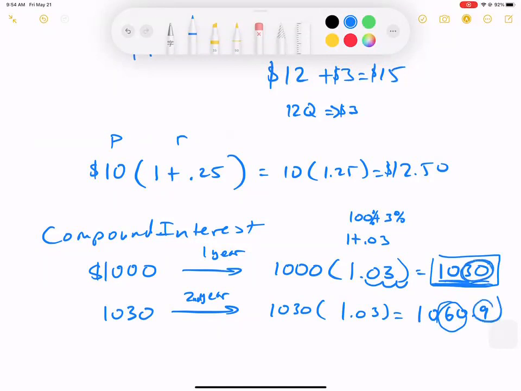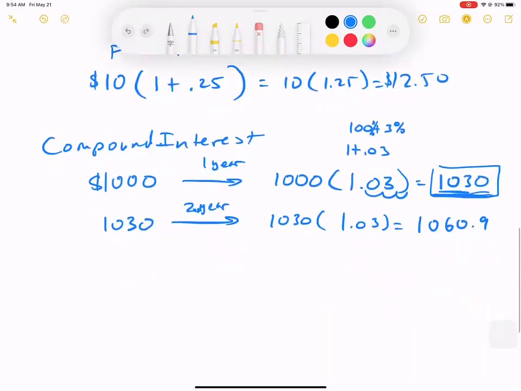You made money off your money. So not only do we make our 30 off our initial 1,000, but we also make interest off our interest. It's like having children, right? You have children, and what do these children do for you? They go out and make money for you. And if they have children, they're going to make money for you. So we're making money off our money.